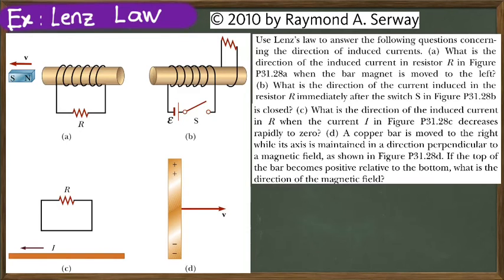But if the current in the cable is decreasing, then what happens to this flux? The flux is decreasing. So if the flux is decreasing, then the induced current will try to increase the flux. And to increase the flux, it must produce a magnetic field which is into or out of the page? Into the page, because the flux is decreasing. Right? So what is the direction of the current then through the resistance R?